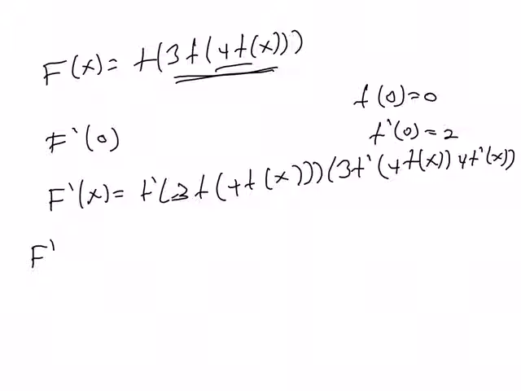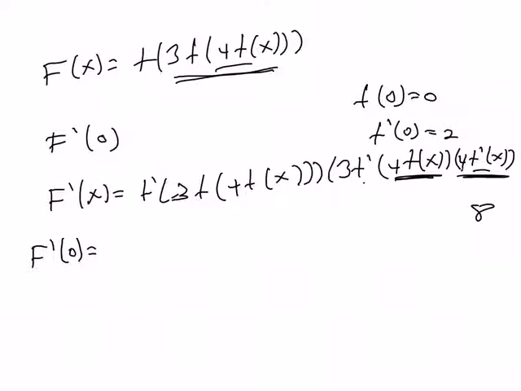So F prime of 0 is going to be, again, let's start with this. We have f prime of 0 is 0 times, okay, we have a 0 here, so the whole thing, no, it's a 2. So f prime of 2 is, f prime of 0 is 2, and now we have a 4 here, so that's an 8, and then we are multiplying, so this is going to be 0, so the whole thing is going to be 0.